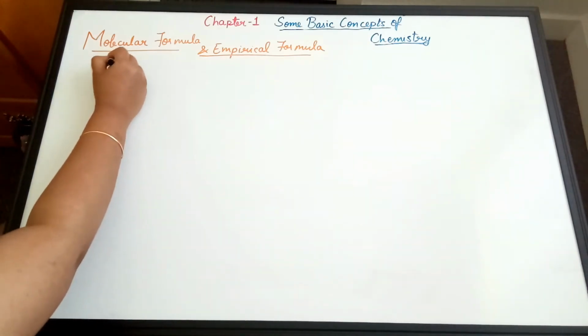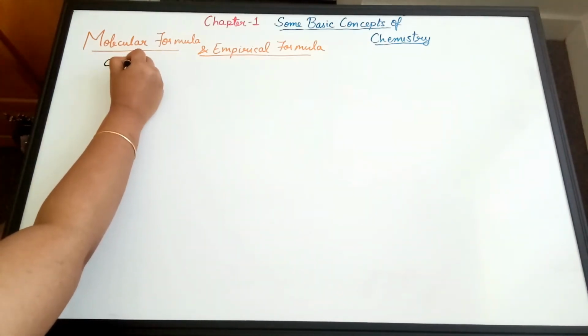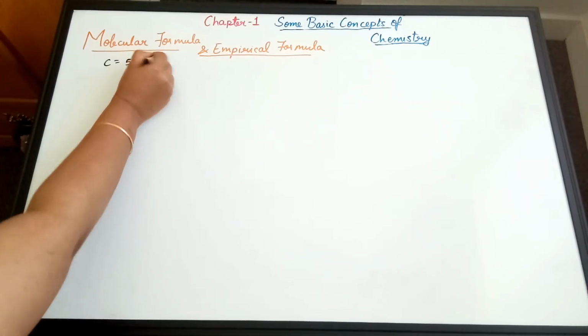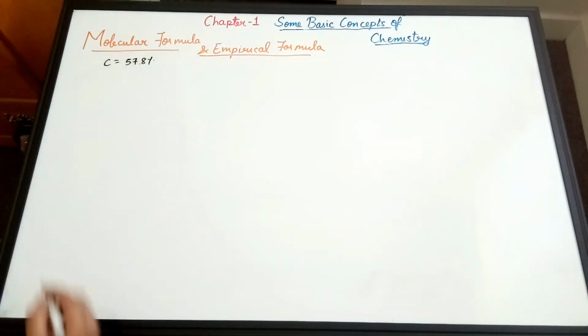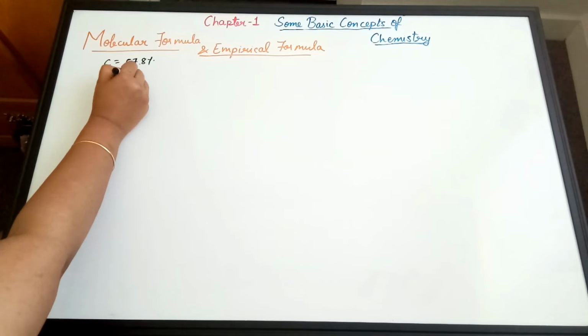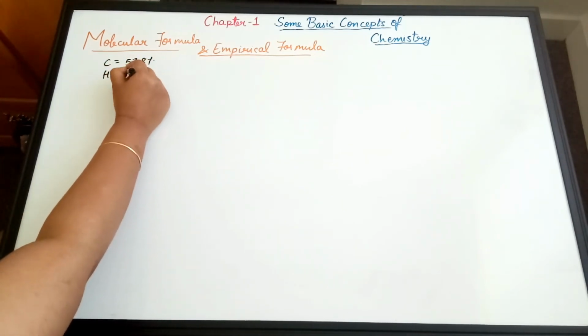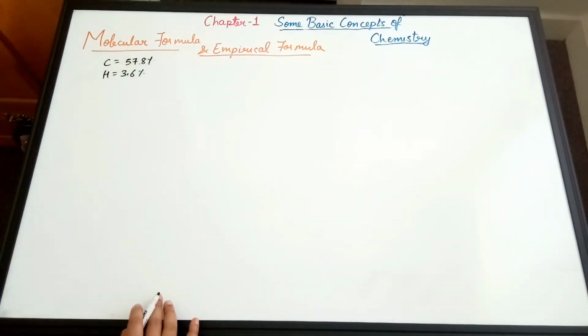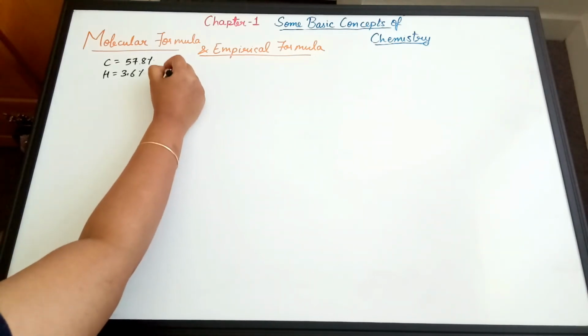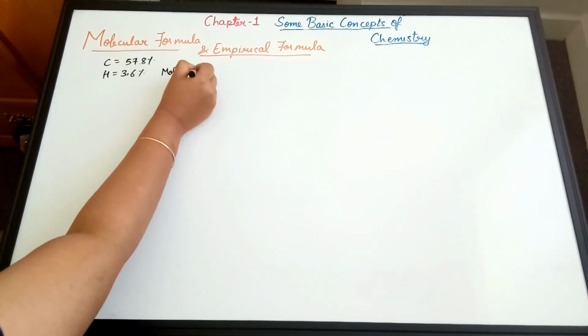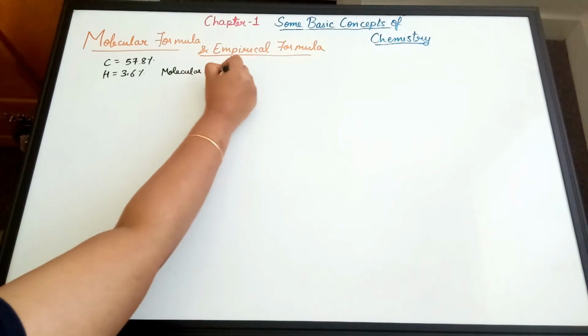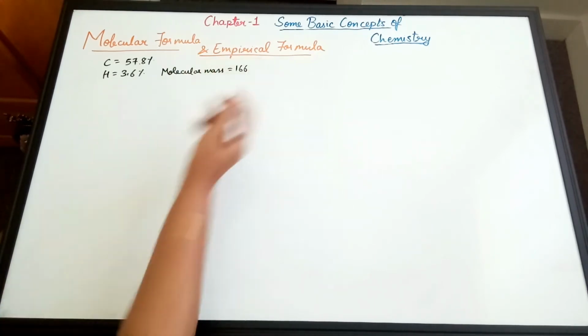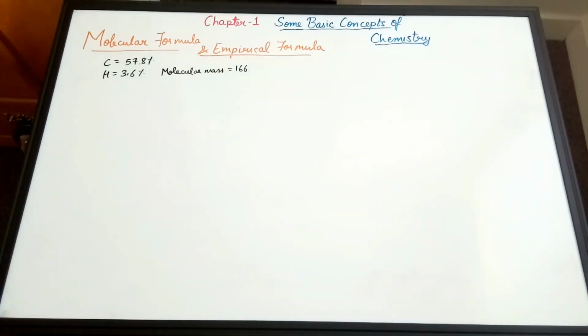They found that the carbon composition percentage is 57.8%, hydrogen is 3.6%, and the remaining was oxygen. Now the molecular mass was given as 166. Feel free to pause the video right now and try to solve it on your own. But if you're not able to and you want to see another problem being solved, stay.